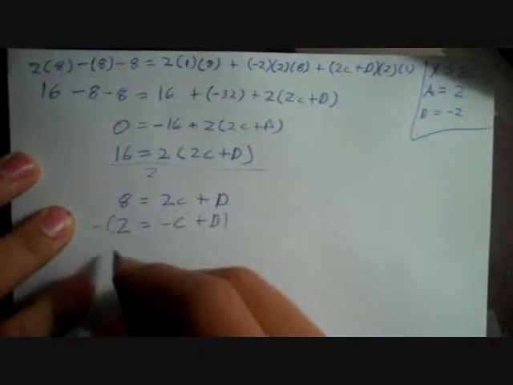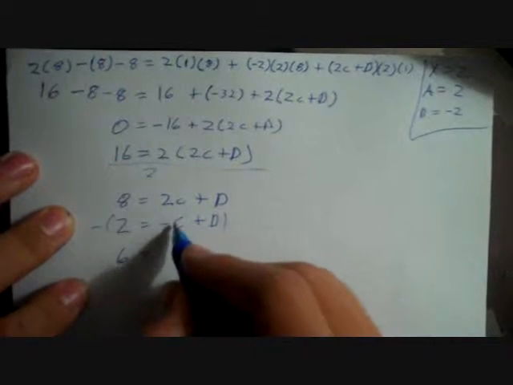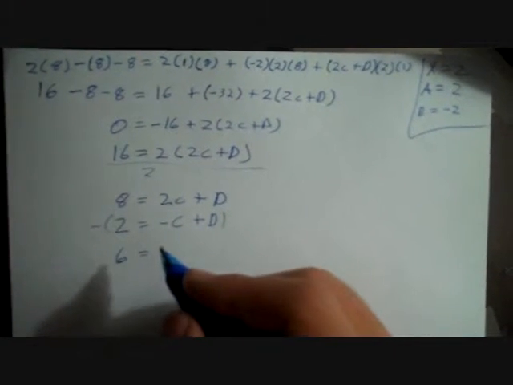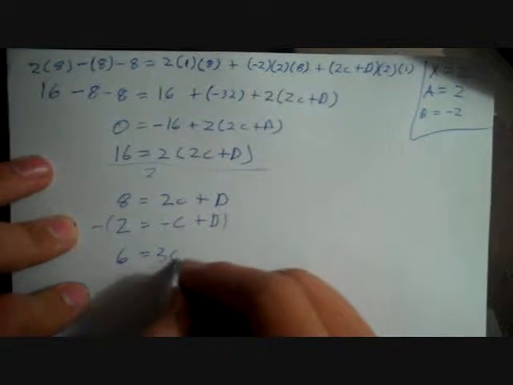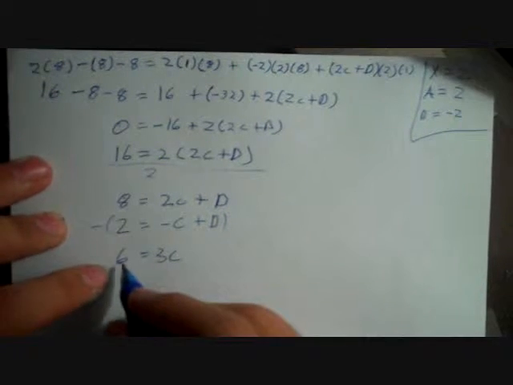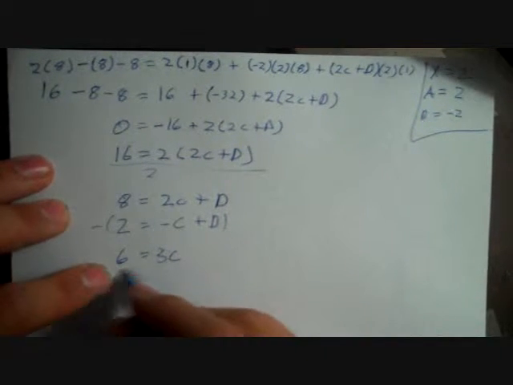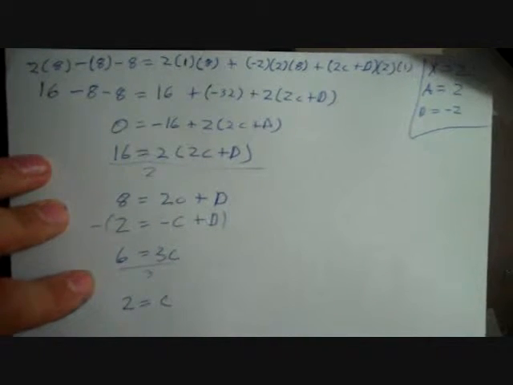So 8 minus 2 is 6 equals 2c minus negative c. So that'll be 2c plus c, so that's 3c. And d minus d, well, that's just 0. So if 6 equals 3c, divide both sides by 3, 2 equals c. Hey, it's pretty convenient.